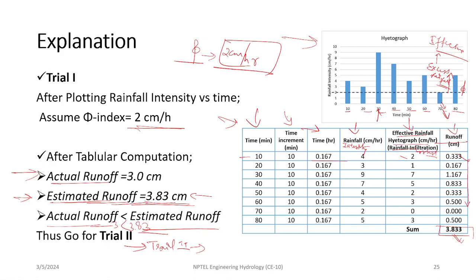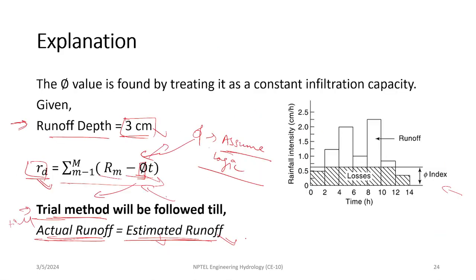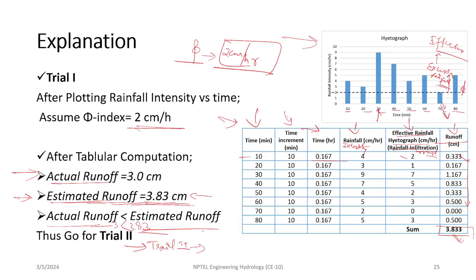Don't you think the phi index value should lie between 2 centimeter per hour and 3 centimeter per hour? Exactly. In order to fulfill this criterion, whatever phi index value is selected should lie between 2 and 3 centimeter per hour.